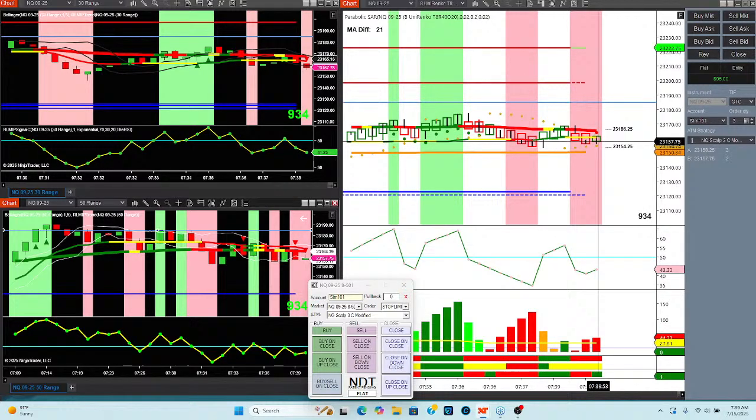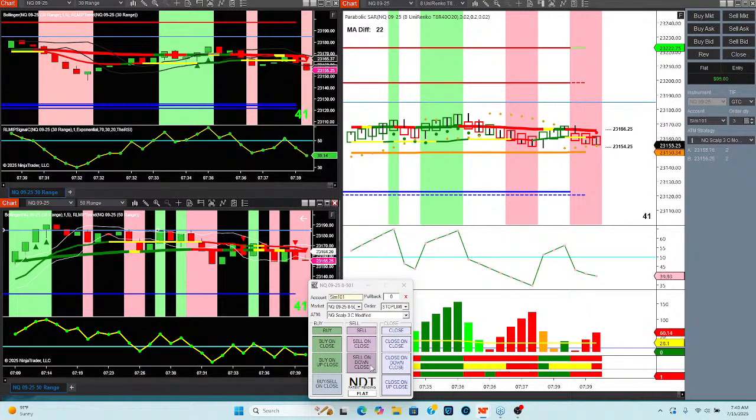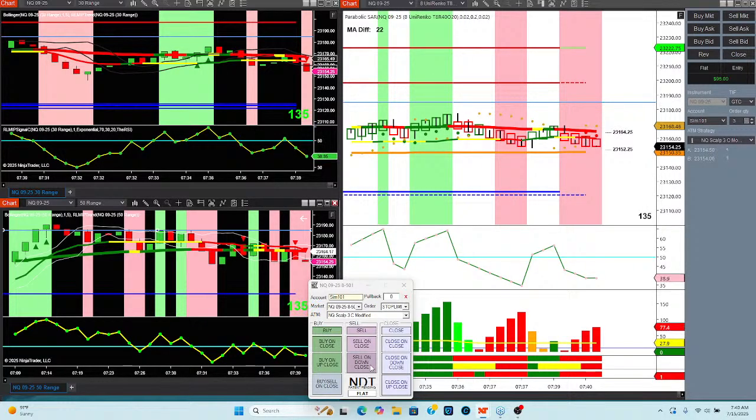See, like right now, this is a good example of the parabolic SARs. They're still above here. I need them flipped on the other side. No, they are flipped now.